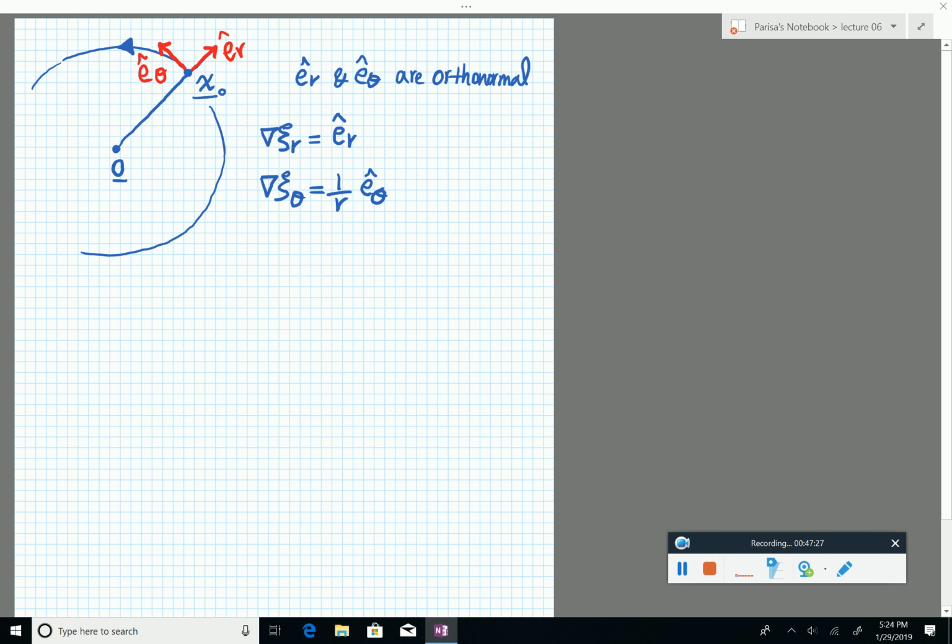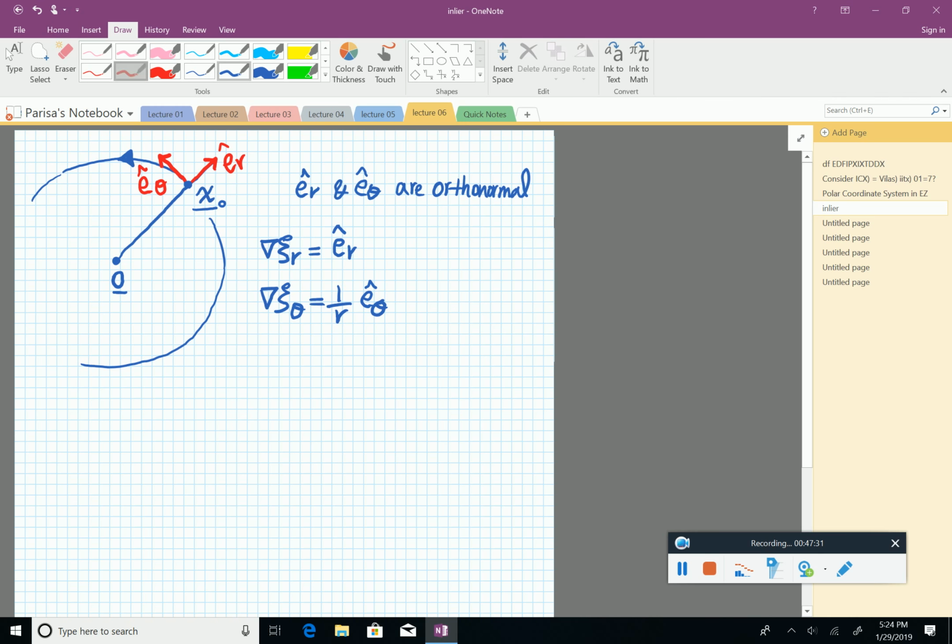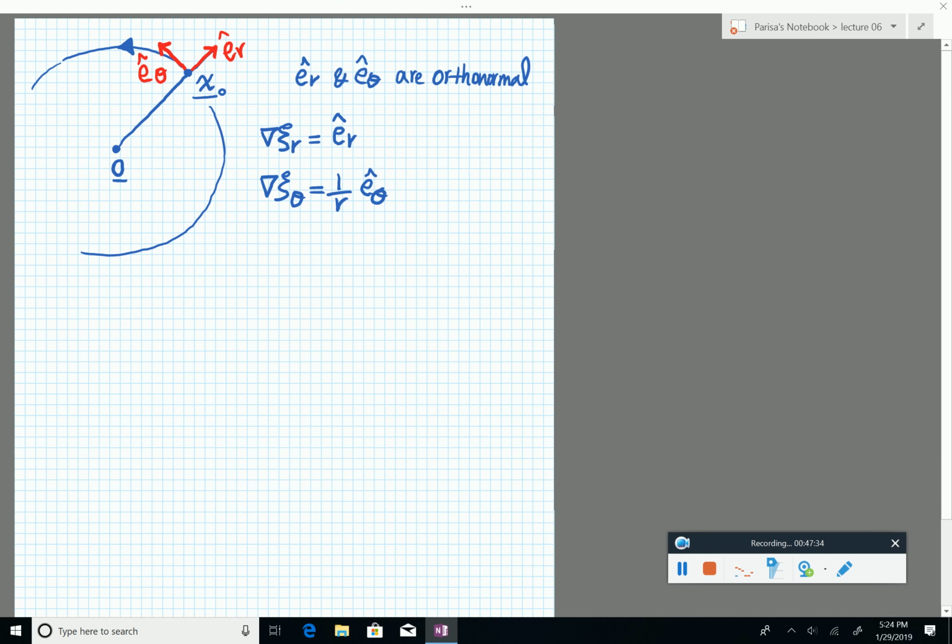And one other important thing to remember is that, unlike in Cartesian coordinate system, these are actually a function of x. They are not constant anymore.